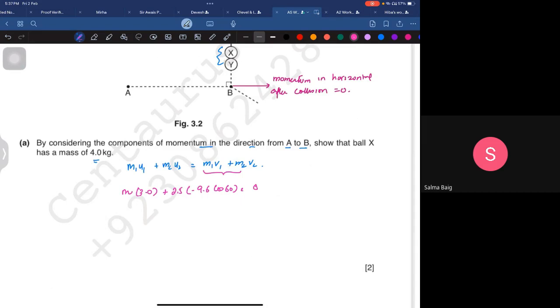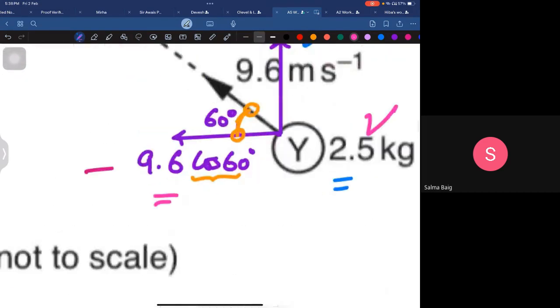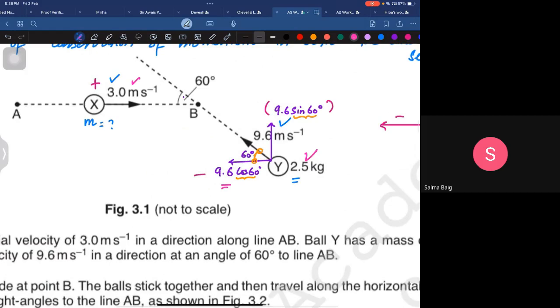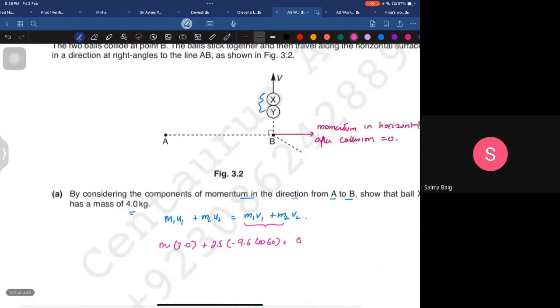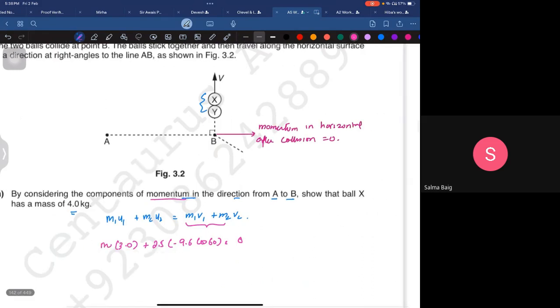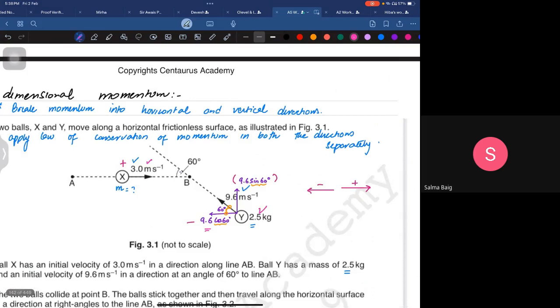Yes, Salma. Go on, please. Sorry sir, why did you take 9.6 cos 60? Okay, this is horizontal. We're looking at horizontal only. They've said in the question, by considering components of momentum in the direction from A to B, which is the horizontal direction.